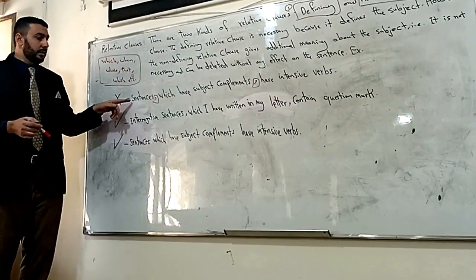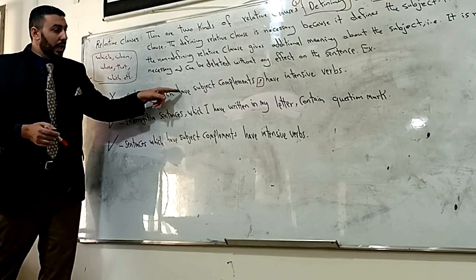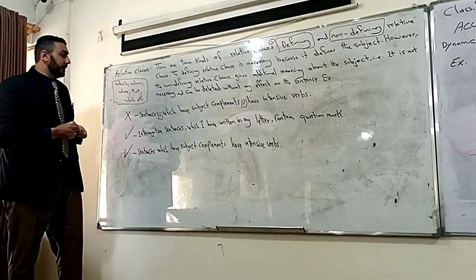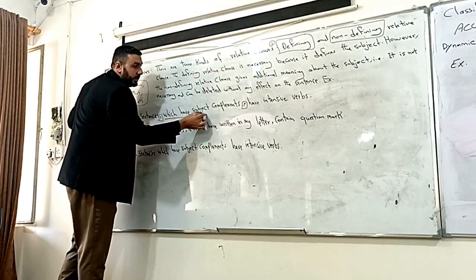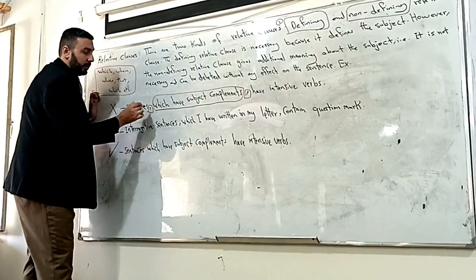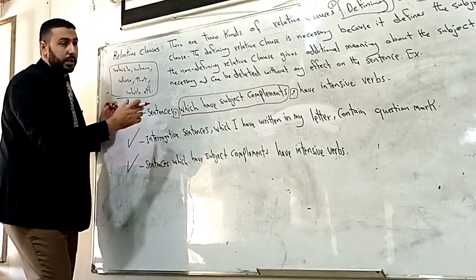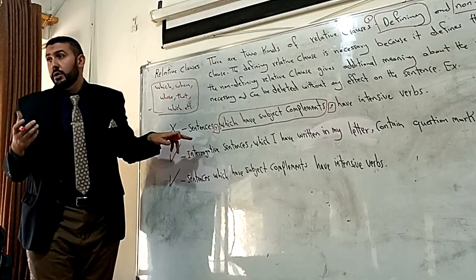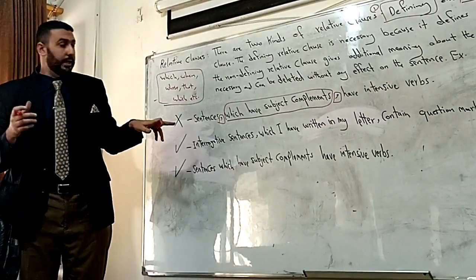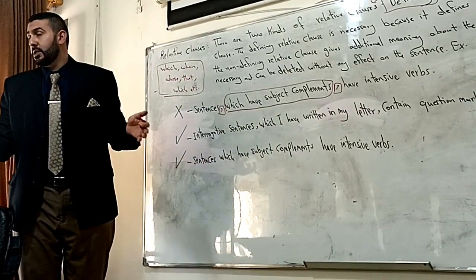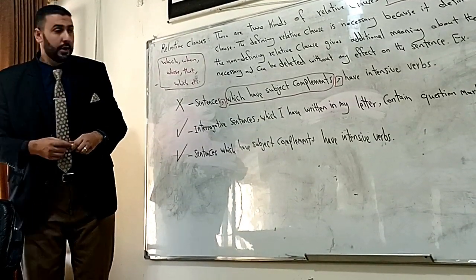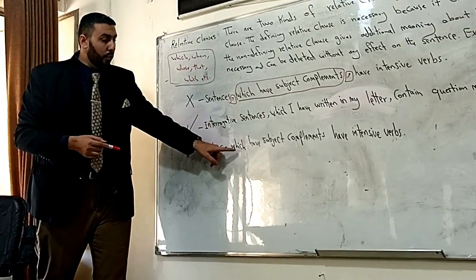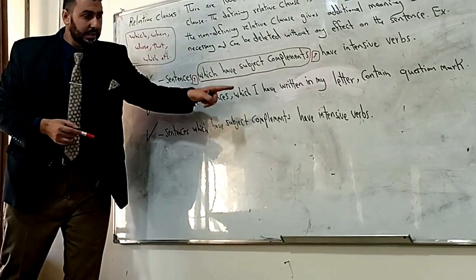Pay attention. Here, sentences which have subject complements. So when you read this sentence, you feel that this is a defining relative clause. So it must be connected with the subject because we don't know which kinds of sentences. These sentences are not defined, so we need to define them. You see? For this reason, the correct answer is down here. Sentences which have subject complements have.